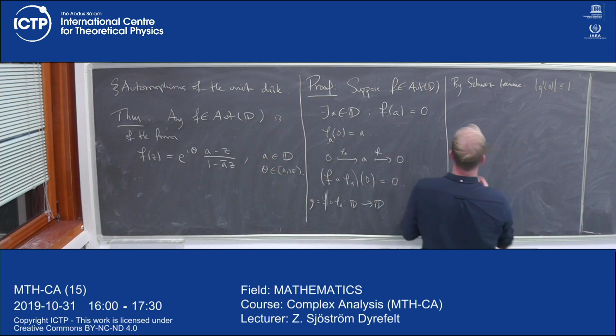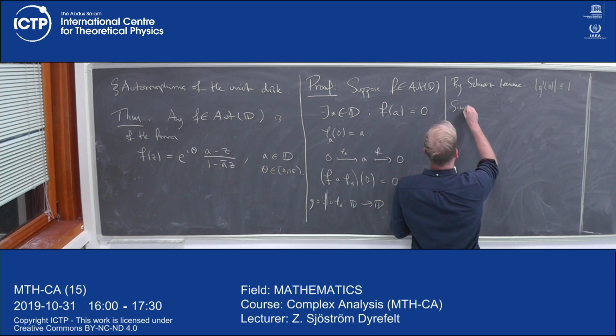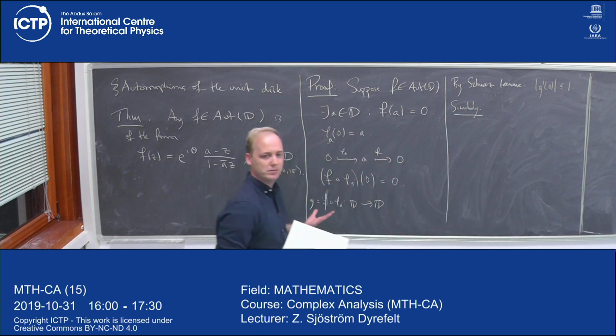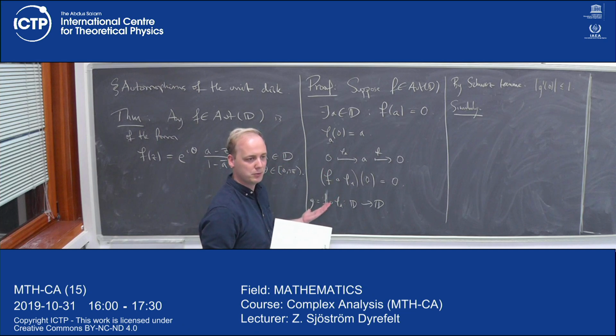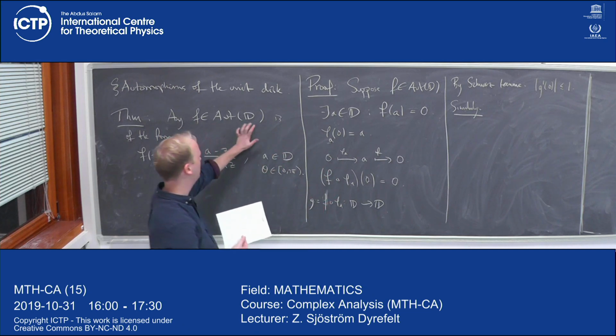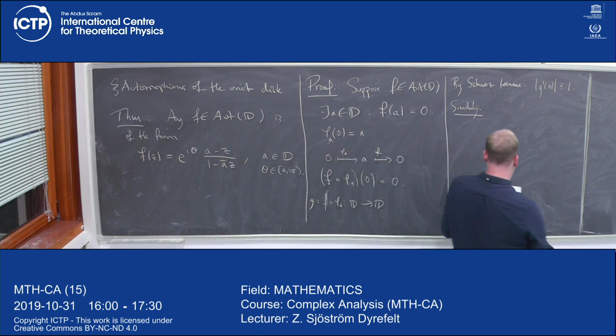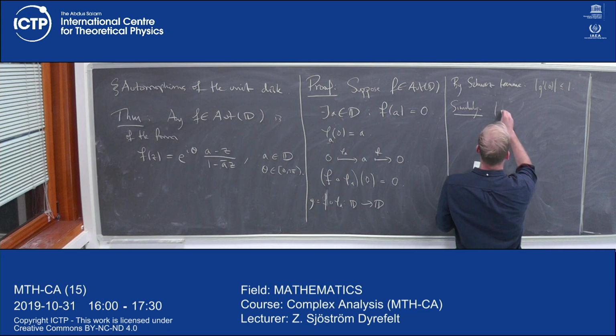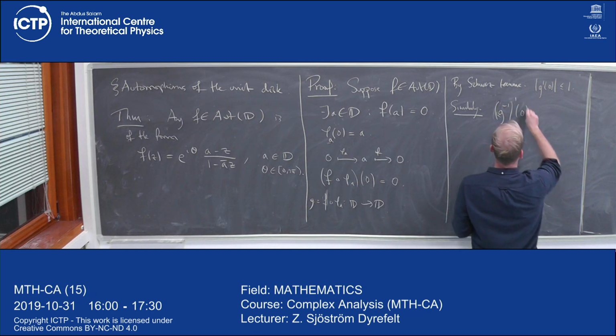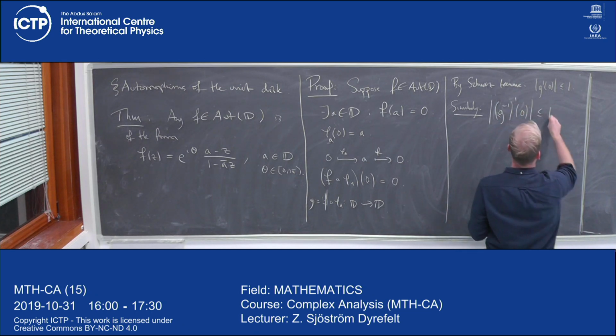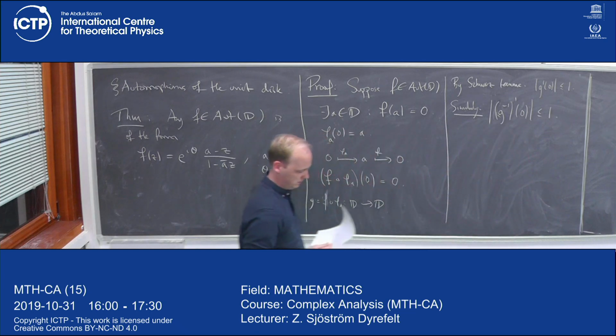But similarly, g here is an automorphism, which in particular means that g inverse is also defined and it's also an automorphism, because this automorphism group is a group. So the inverse is also in it. Similarly, we can apply Schwarz lemma to g inverse, and the absolute value of g inverse prime of 0 is less than or equal to 1.